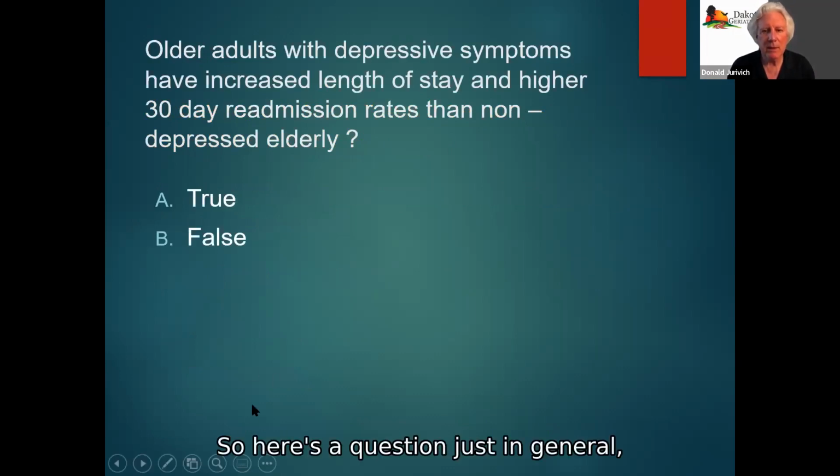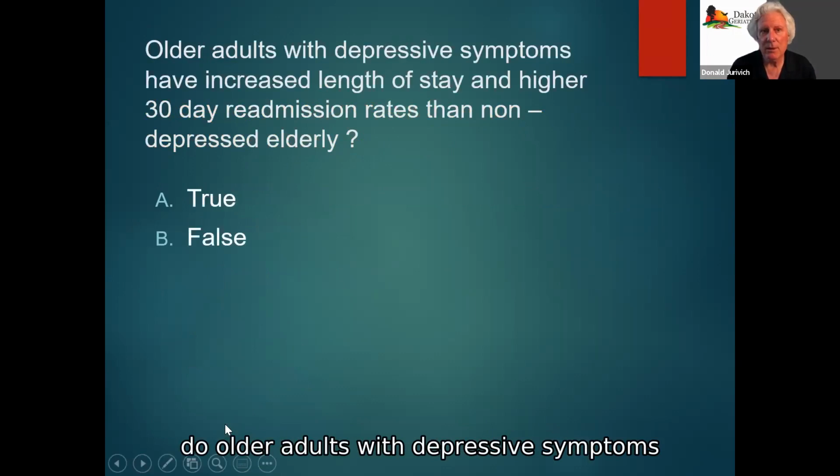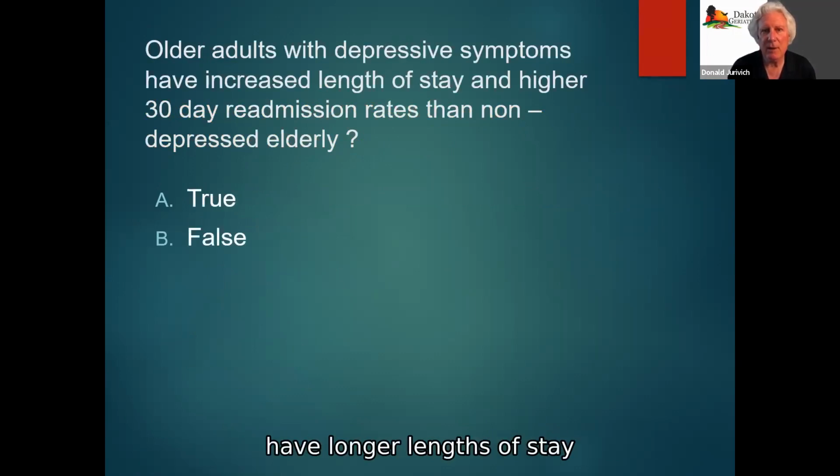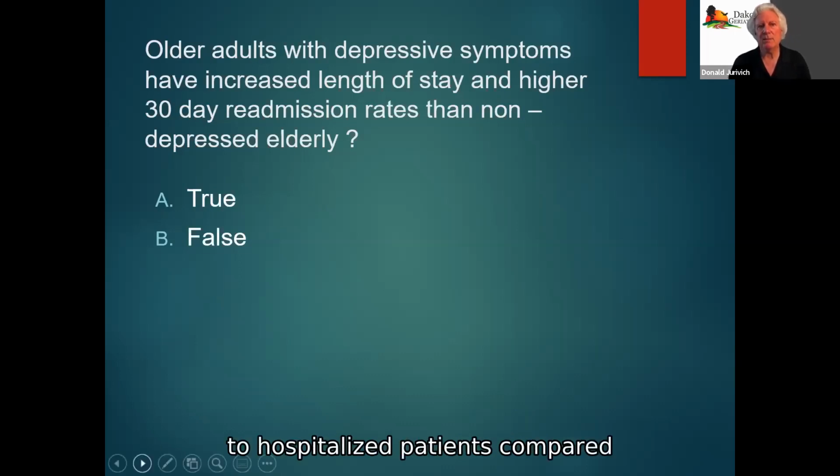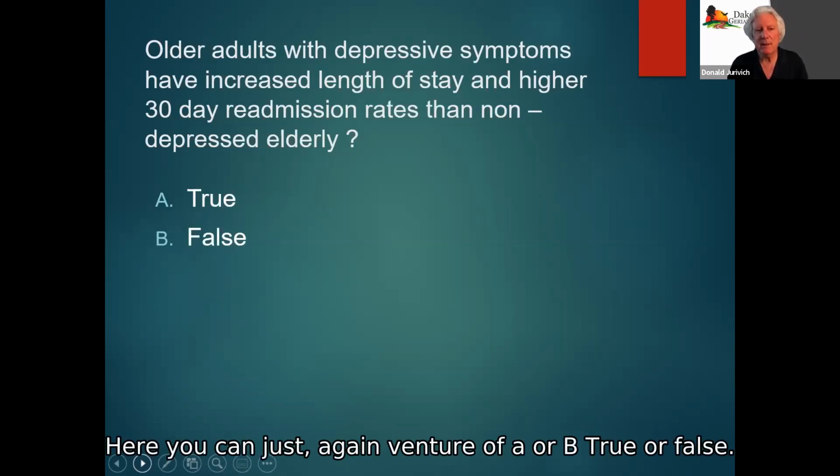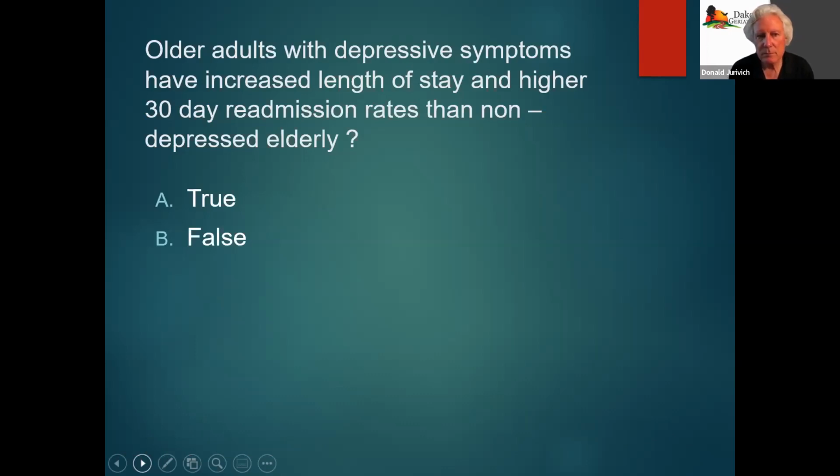Okay, so here's a question just in general. Do older adults with depressive symptoms have longer lengths of stay and 30-day bounce backs to hospital compared to non-depressed elderly? So here you can just again venture A or B, true or false. Great.